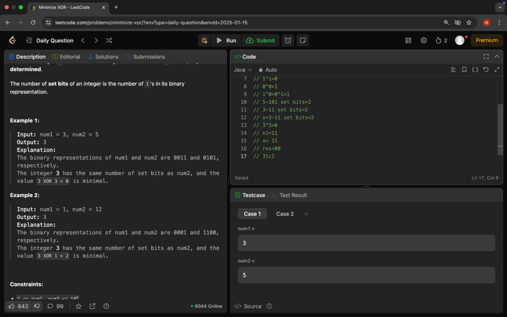But there is a slight twist: we cannot tell how many combinations can be made. 31 C 2 is a small number, but what if we want to find 31 C 5?